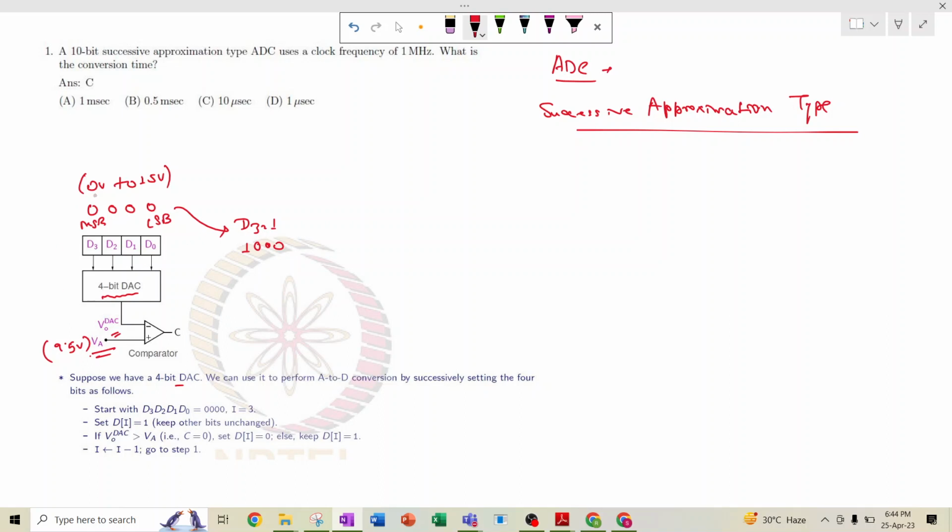This ADC can detect from 0 to 15 volt, and we have an analog signal of 9.5 volt that we should detect. So we are using a 4-bit DAC.